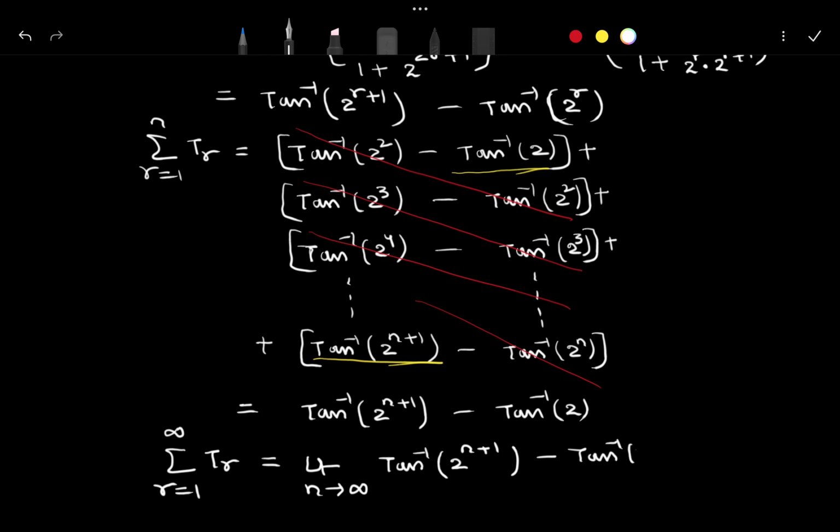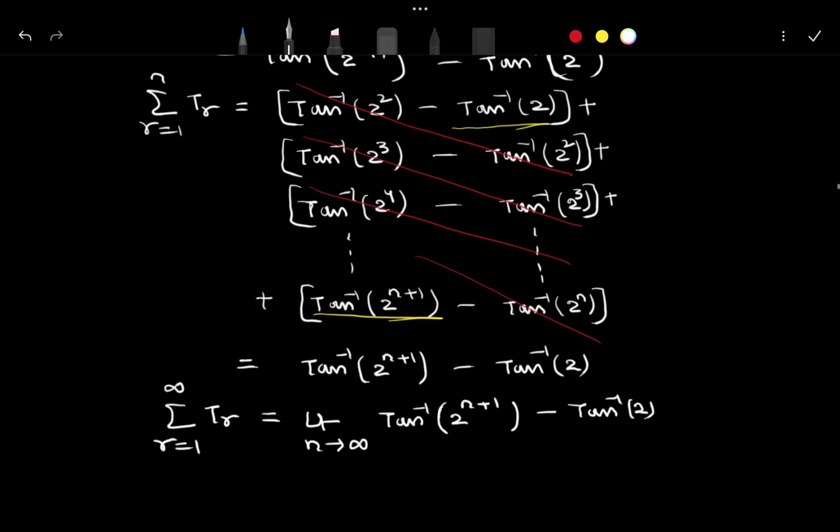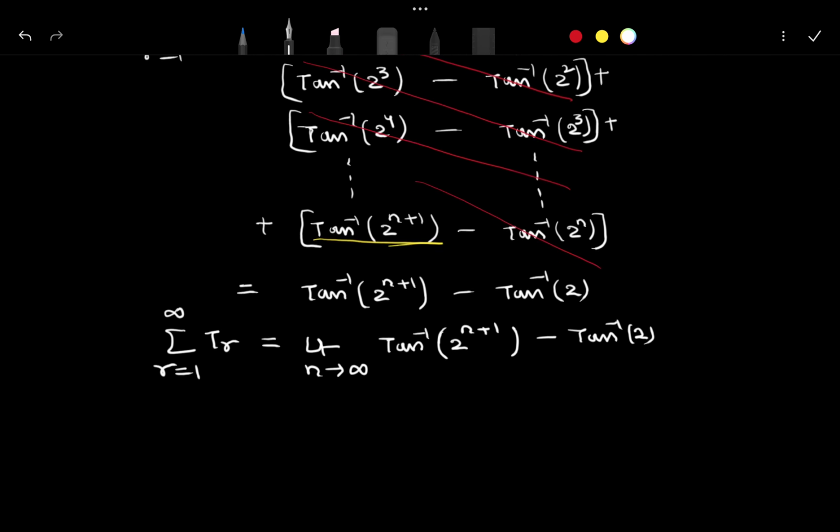Here n is the variable, so put n equals infinity. 2 power infinity will be nothing but infinity. So this value will be tan inverse of infinity minus tan inverse of 2. Tan inverse of infinity will be pi by 2. So this value will be pi by 2 minus tan inverse of 2.